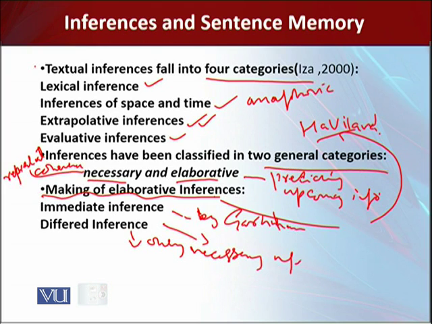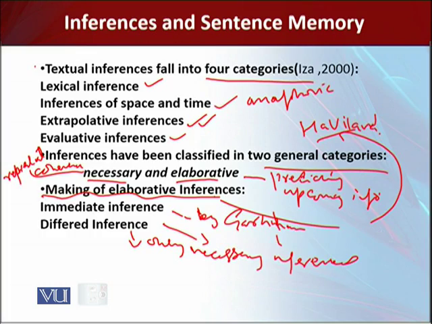Necessary inferences are drawn at the time sentences are encoded, given that such inferences are necessary for a text to be coherent. Therefore, elaborative inferences are made just in case they are needed, for instance, to answer questions, solve problems or for interpretation.